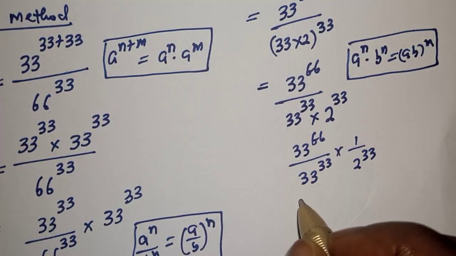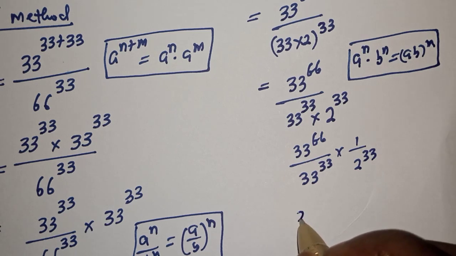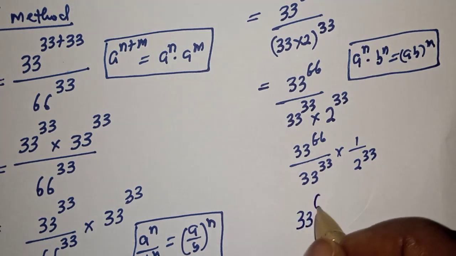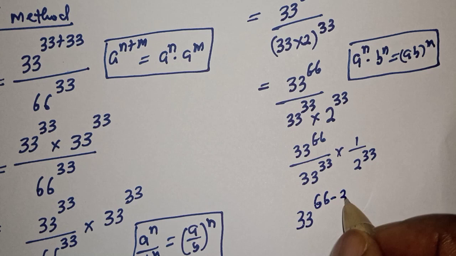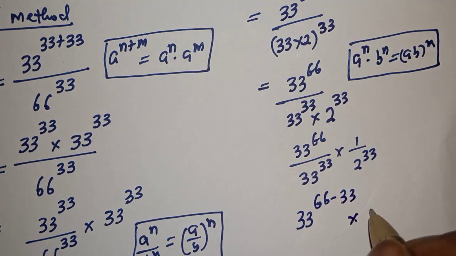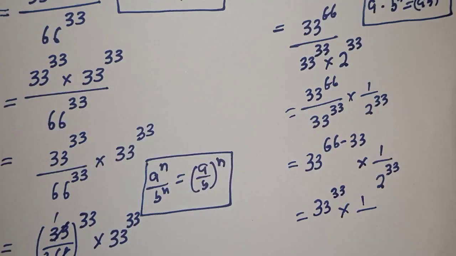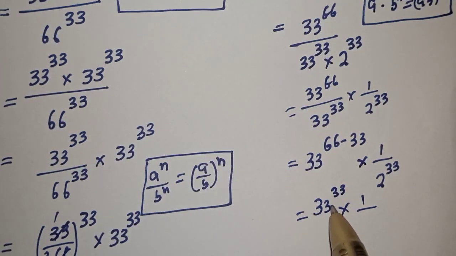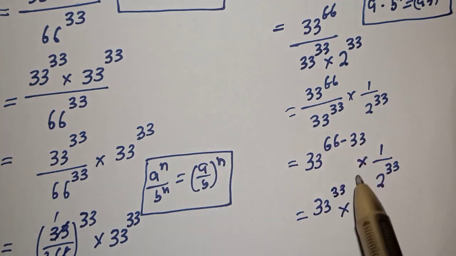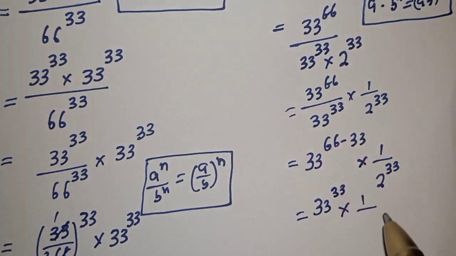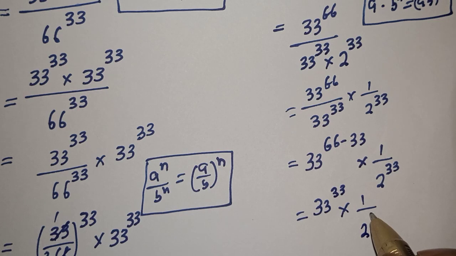So this is 33 raised to power 66 minus 33, multiplied by 1 over 2 raised to power 33. Then here is 33 raised to power 66 minus 33, that is 33, multiplied by 1 over 2 raised to power 33.